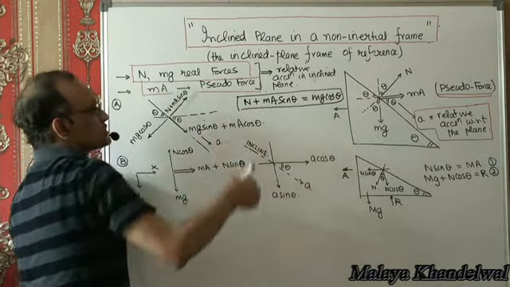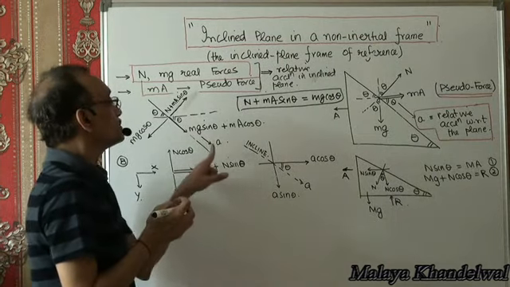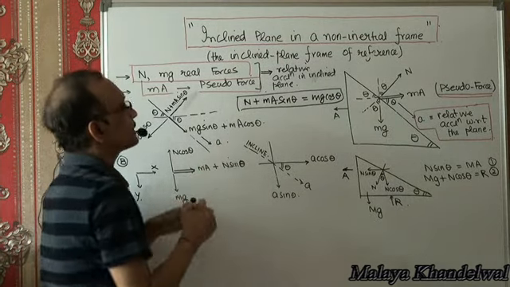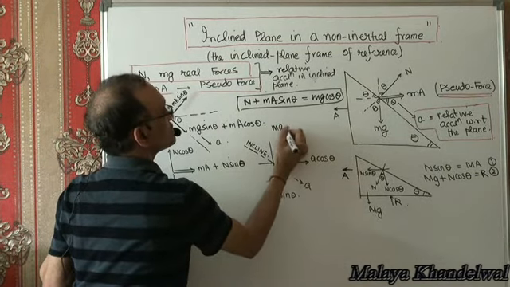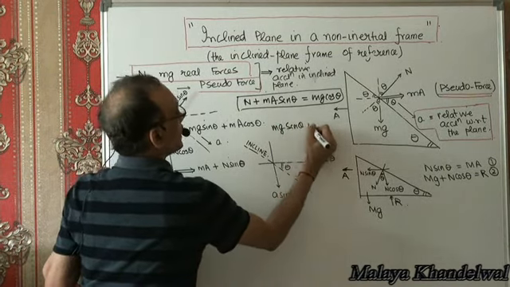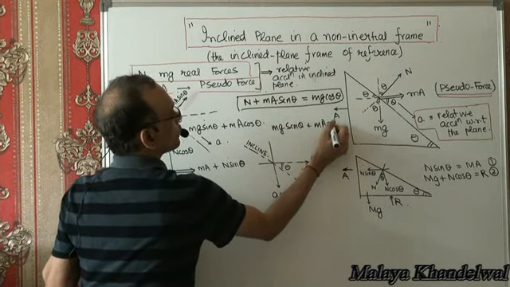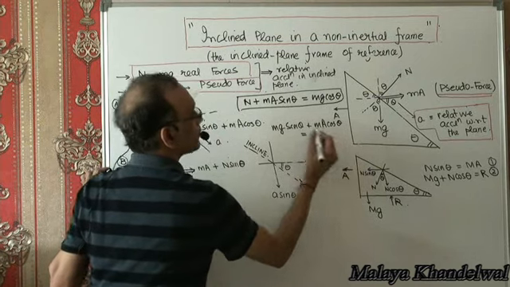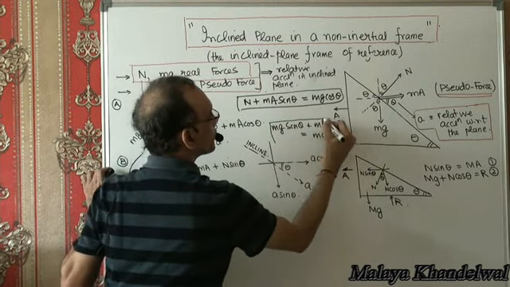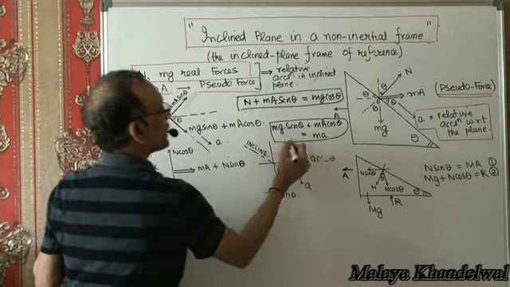In the other direction, the forces produce an acceleration small a. So along the plane, the equation of motion is mg sin theta plus mA cos theta equals small m times small a.